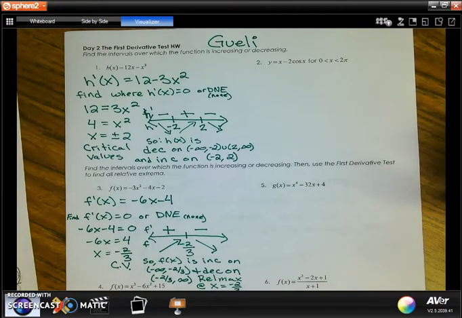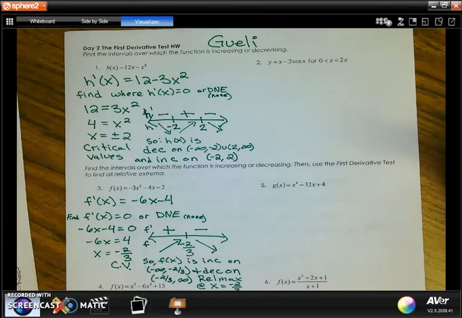Okay, so remember our first derivative test: you can talk about over what intervals the original function is increasing or decreasing based on the first derivative. Our goal here is to take the derivative, then find where the derivative equals 0 or does not exist, and those give us our critical values.